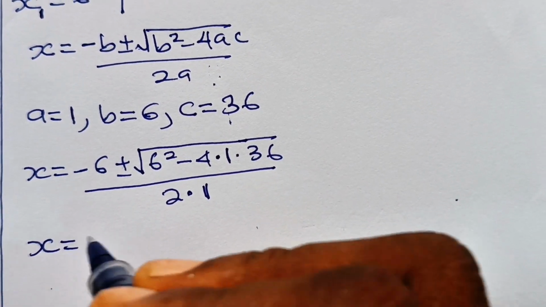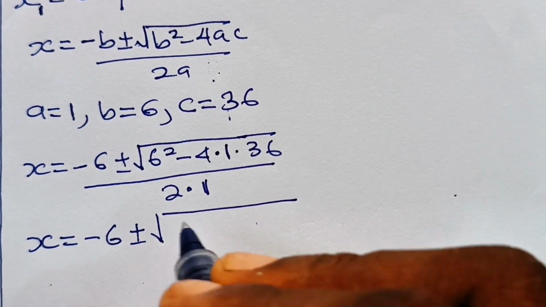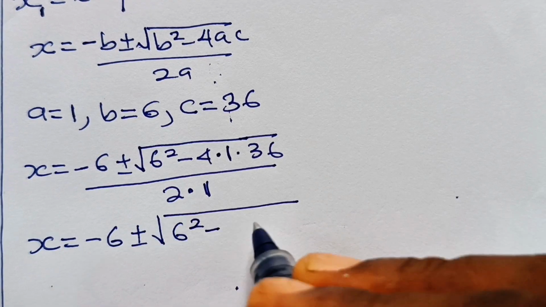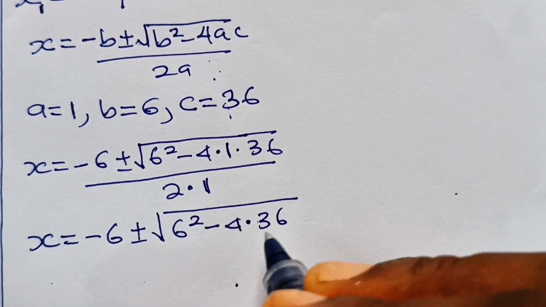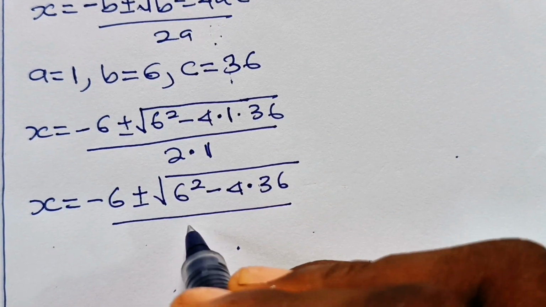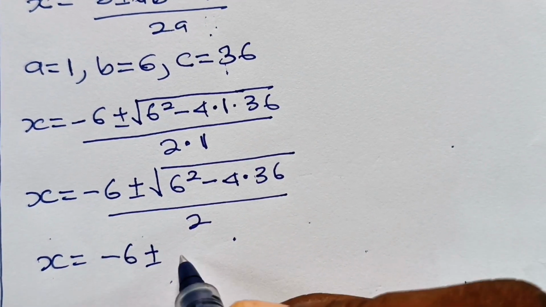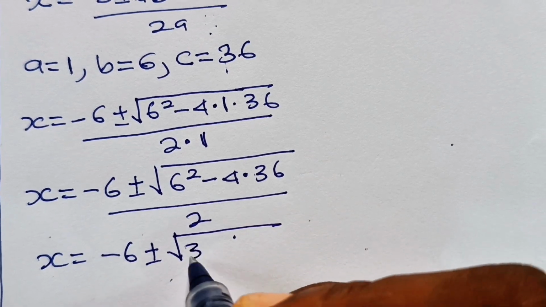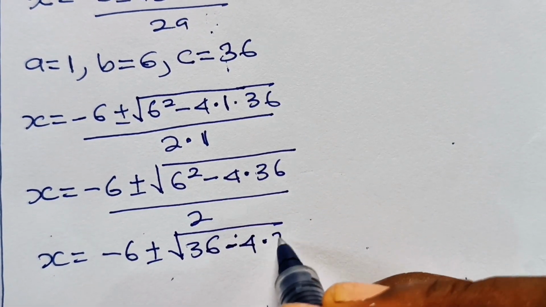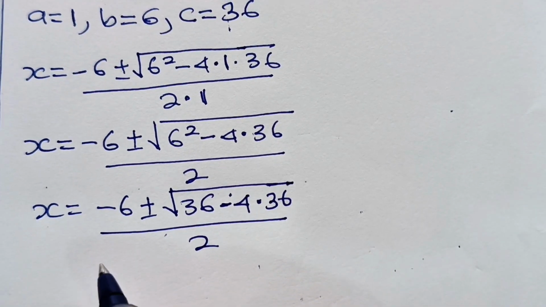So we have x is equal to minus 6 plus or minus square root of 6 squared minus 4 multiplied by 36, everything divided by 2. So x is equal to minus 6 plus or minus square root of 6 squared is 36 minus 4 multiplied by 36, everything divided by 2.